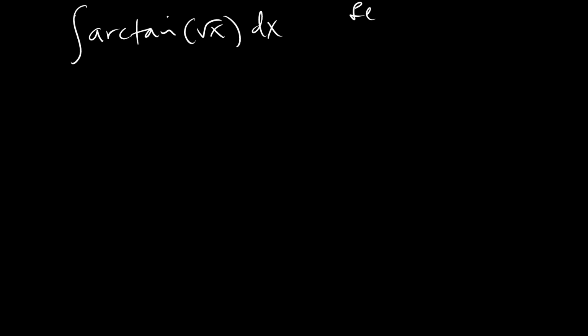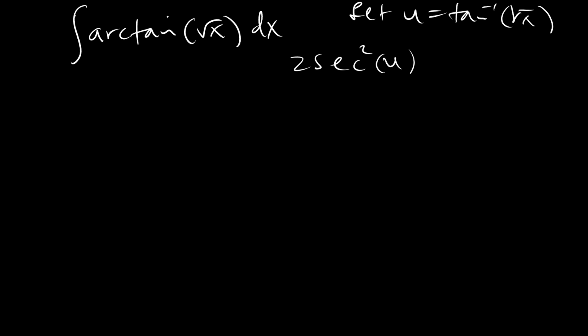Okay, so in the integral of arctangent, we said let u be equal to the arctangent of the square root of x, and we've come to a point where 2 secant squared u tangent of u du can be used to substitute for dx.